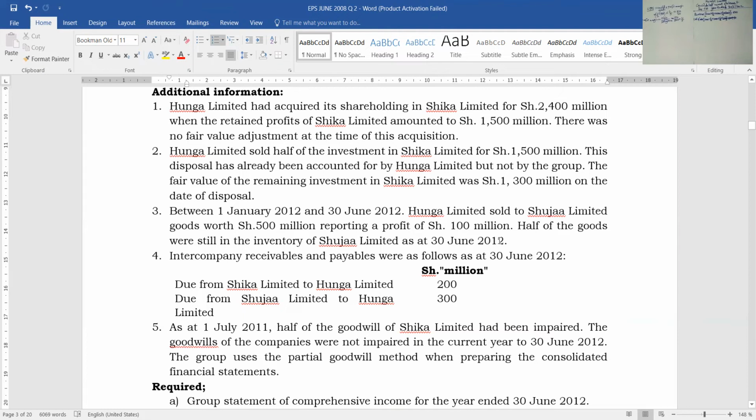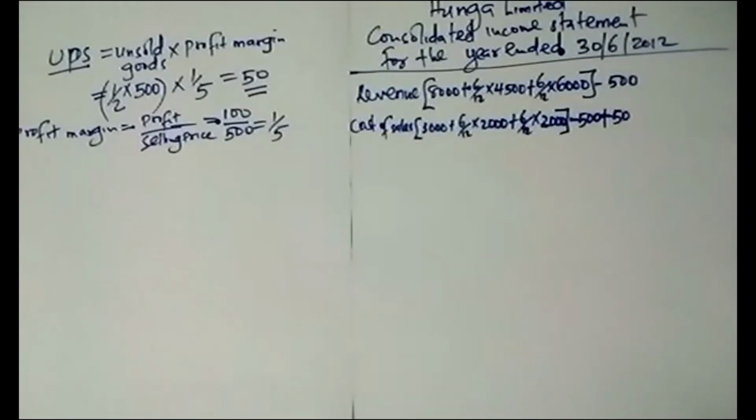So that's why I'm looking for unrealized profit on stock, because Shujaa never resold the goods he received from Hunga. He never resold the entire, he sold half. So out of the half which is remaining, there's unrealized profit, which we calculate the way we have done.